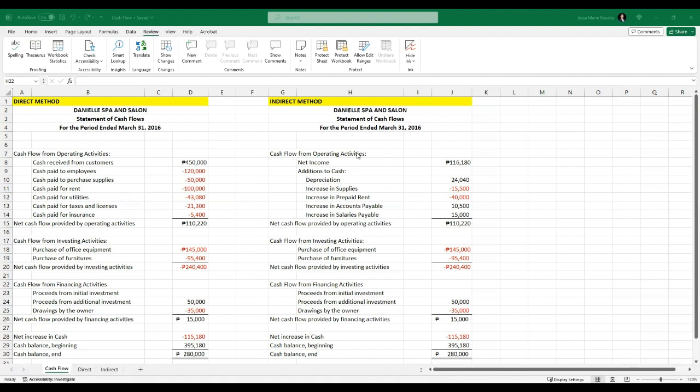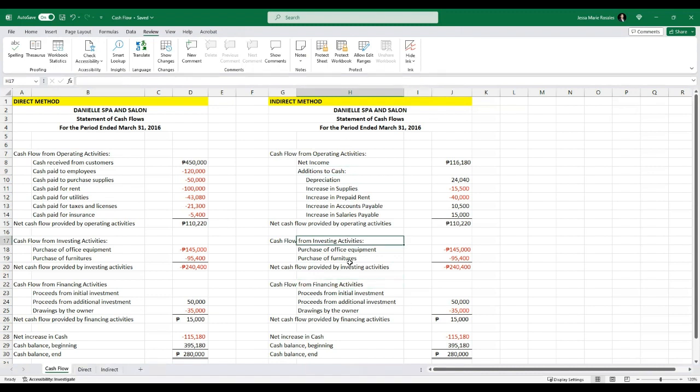So again, operating activities, any cash flows related to revenue and income. Investing activities, cash flows related to purchase or sale of non-current assets. Financing activities, cash flows related to non-current liabilities and owner's equity.